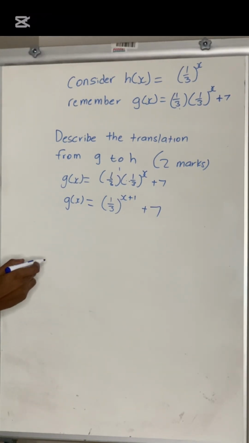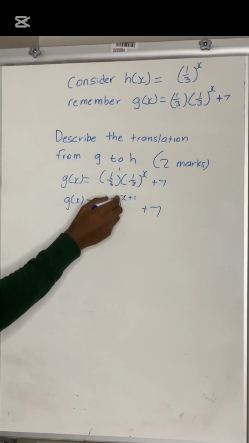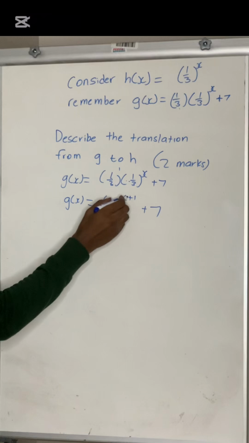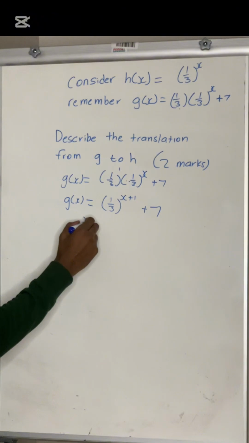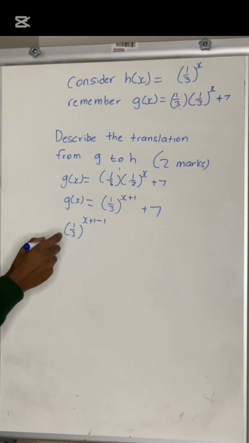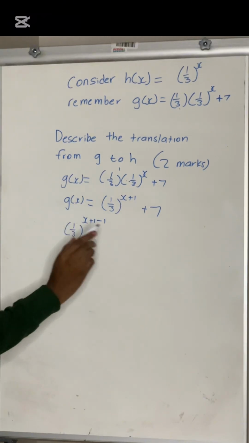So in order for us to move from (1/3)^(x+1) to that, we simply subtracted 1. So it changed from (1/3)^(x+1) and then we subtracted 1, and you should know that when it's subtraction in functions, you are moving to the right.